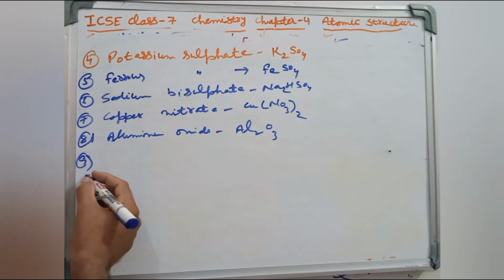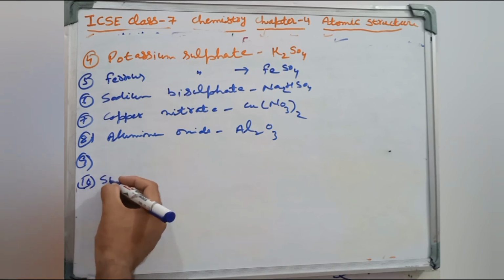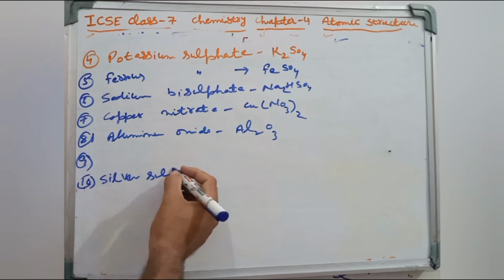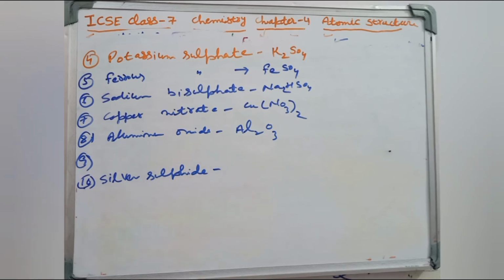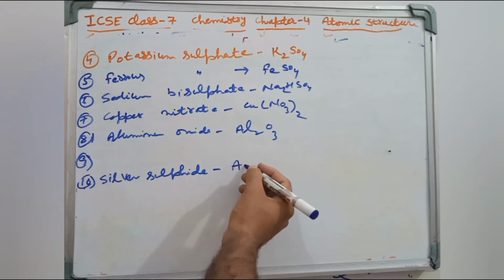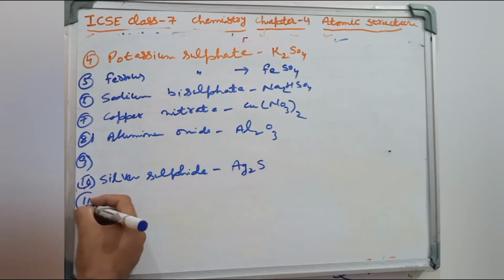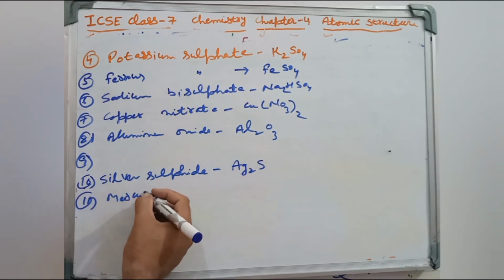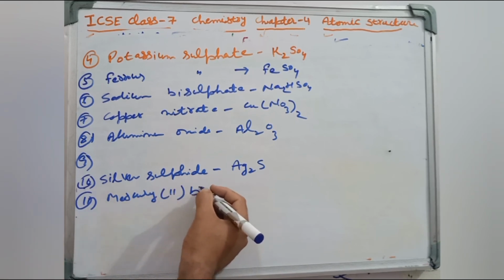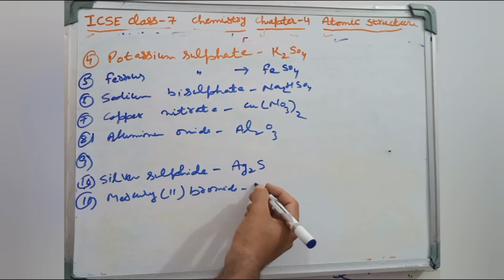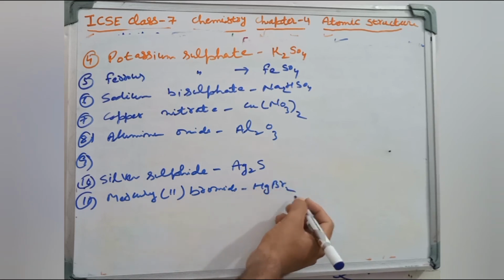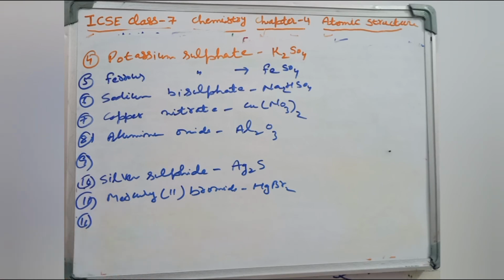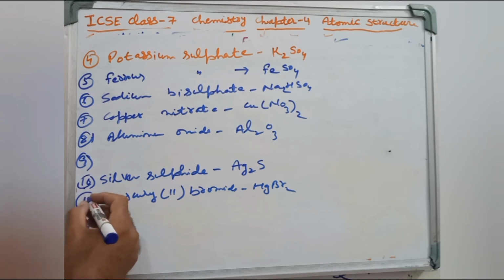You can see there. Number 10, silver sulfide. So silver sulfide, Ag for silver, 2 for sulfide. Number 11, mercury 2 bromide. Hg for mercury, Br 2 for bromide. Sorry, this is number 12.